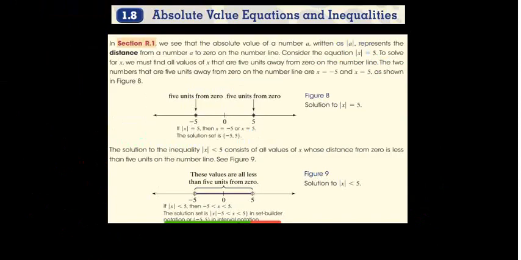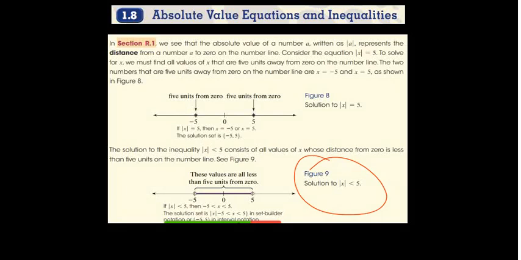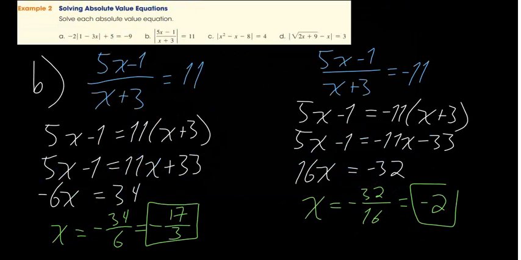Looking down here, we have the absolute value of x is less than 5. That means the distance is going to be less than 5 units from 0.